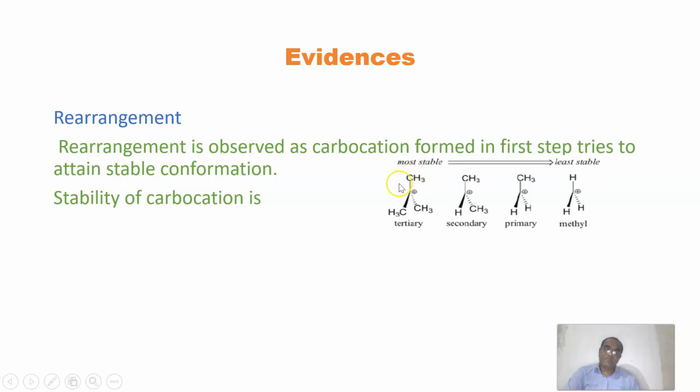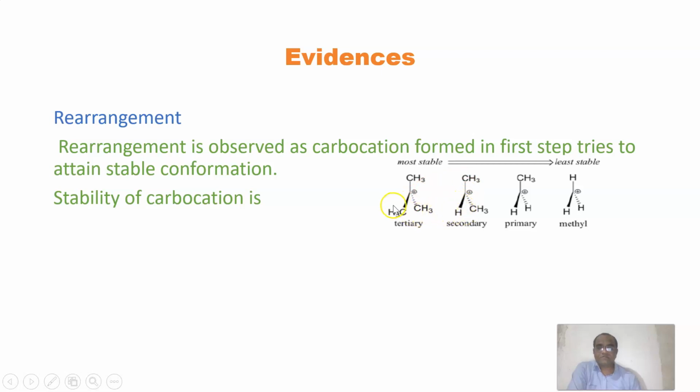The groups which are electron donating form a more stable carbocation. CH3 is an electron donating group, so that is why it forms a more stable carbocation. As electron withdrawing groups increase, the stability of the carbocation decreases. These CH3 groups are electron releasing, and tertiary is more stable.